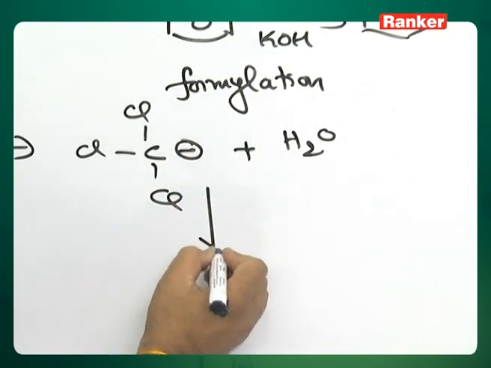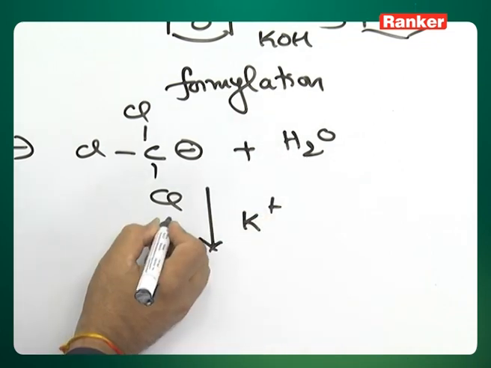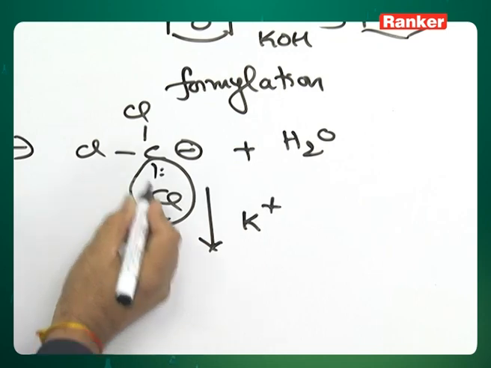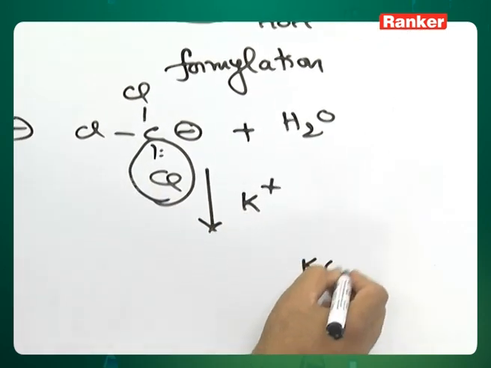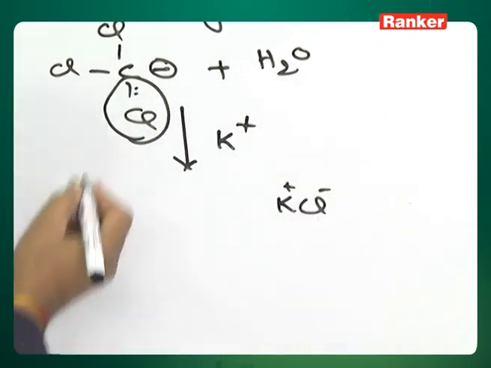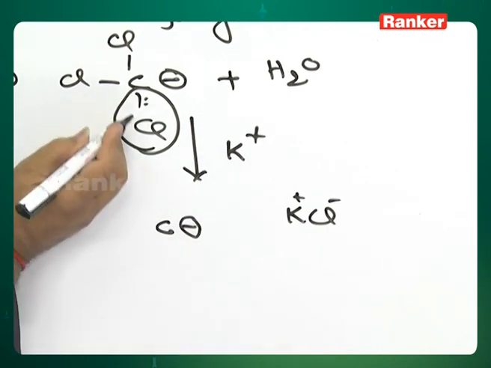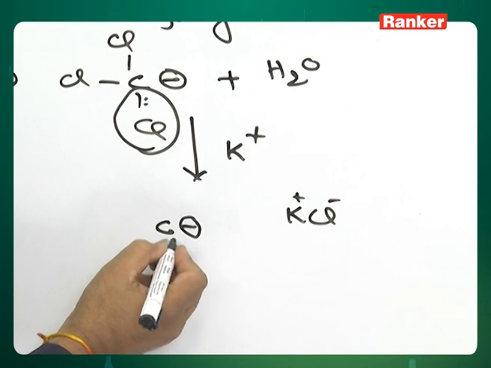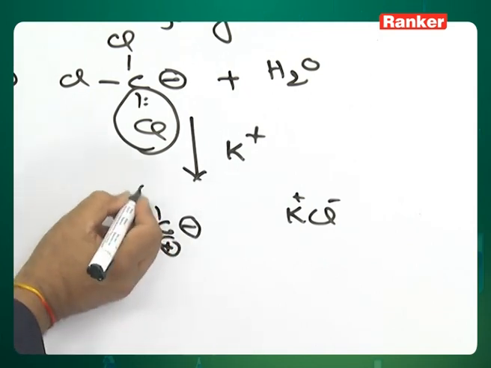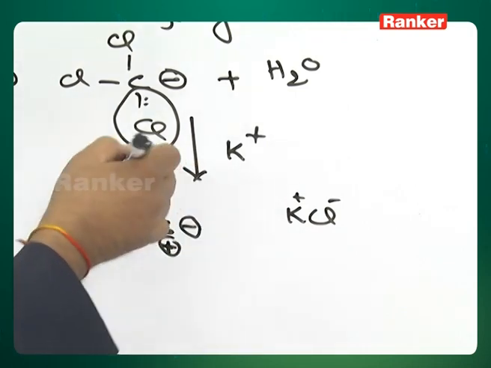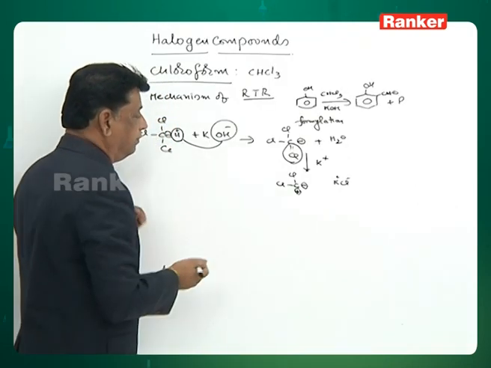Now the K plus will take away one Cl with 2 electrons, as Cl minus, and K forms KCl, a salt. This becomes one side minus already there, the other side 2 electrons are gone. So literally you will get this type of compound, containing 2 chlorines with a cation as well as an anion on the same carbon.